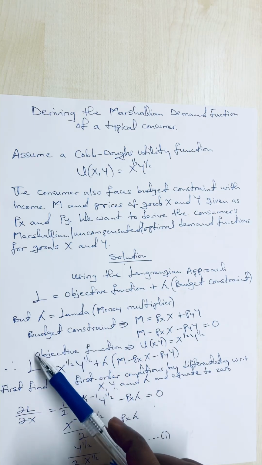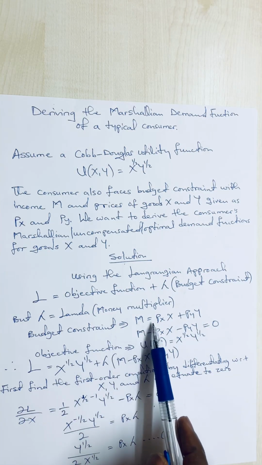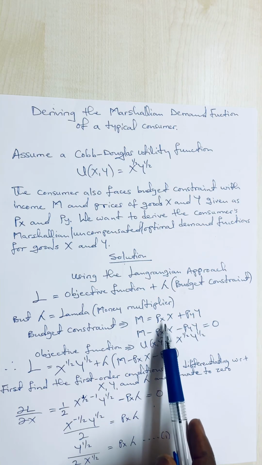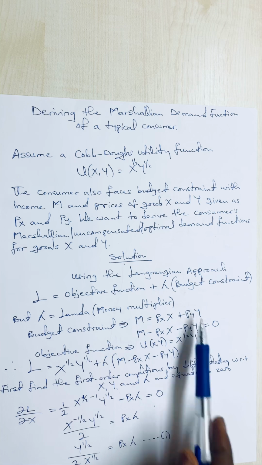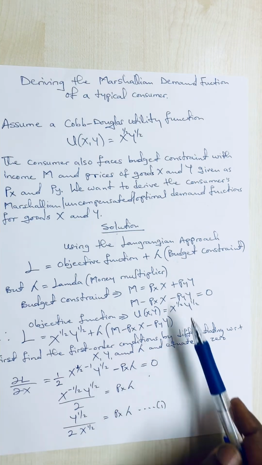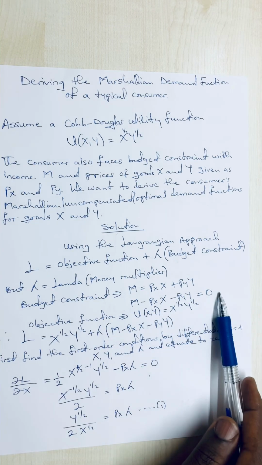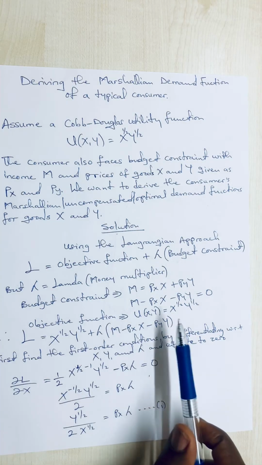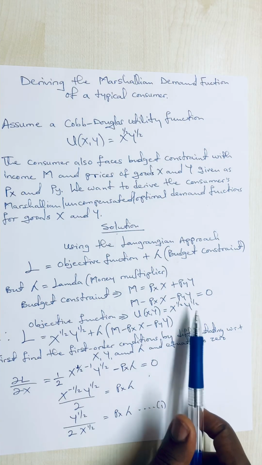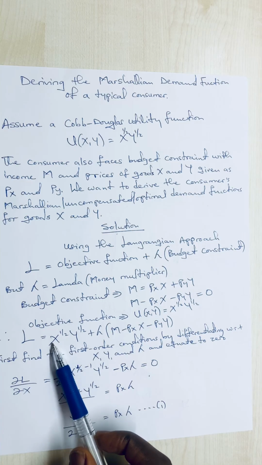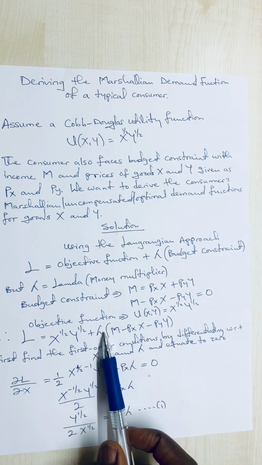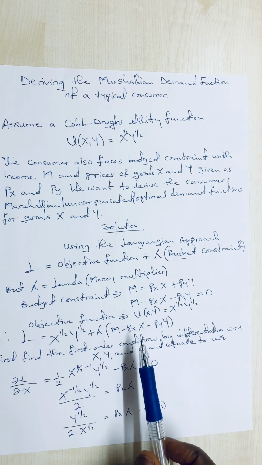The budget constraint is income equal to expenditure, while expenditure is the price of X paid for X and the price of Y paid for Y. The objective function is the utility function. In that case, the Lagrangian function will be x^(1/2) y^(1/2) plus lambda times all of this.